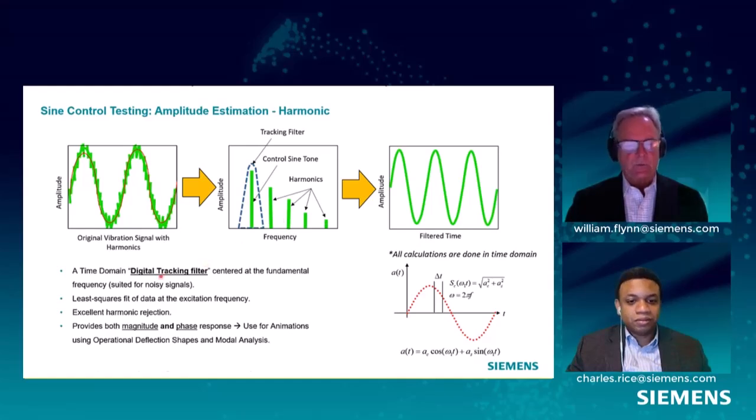So this serves as what we call a digital tracking filter. And it's the most common, I would say, amplitude estimation. As I said, it rejects the harmonics, but it's also the only one that provides not only the magnitude or the amplitude of the control response, but also the phase response.